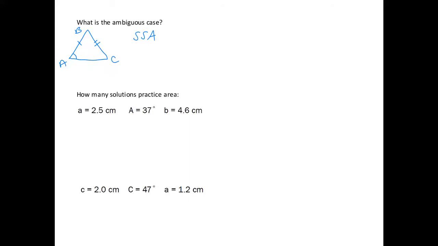So what happens for us when we're working with side-side angle is it's possible to get 0, 1, or 2 triangles that can be created in solving it.